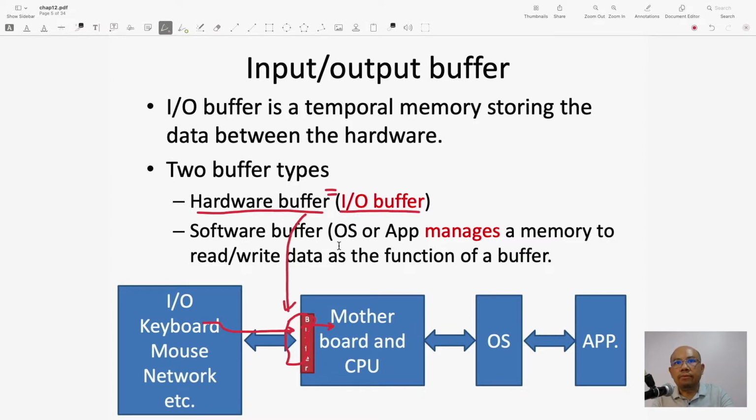For the software buffer, the operating system or the application manages memory to read or write data as a buffer does. So this is a hardware buffer, and inside the operating system there may also be a buffer, and you can also implement a buffer in software inside your application.